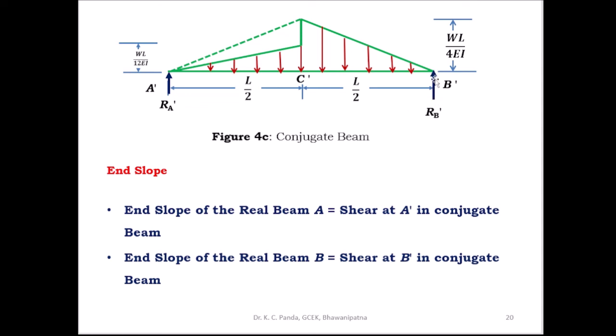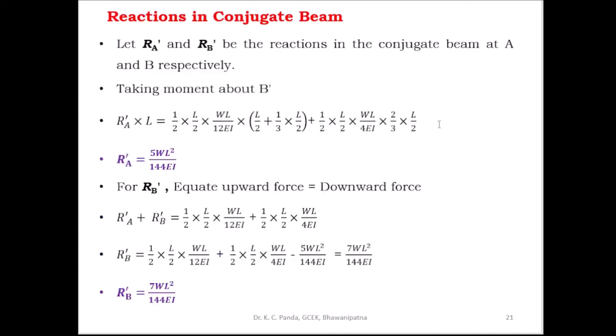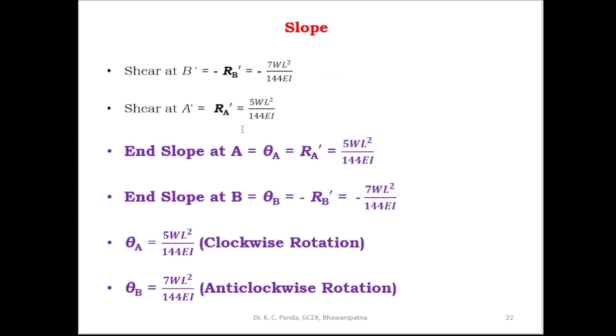So here this is upward, so the shear force at B dash is equal to minus RB dash, which is minus 7 WL square by 144 EI. Similarly, the shear at A dash is equal to RA dash. So this is a left side upward force, you have to take positive, which is equal to 5 WL square by 144 EI.